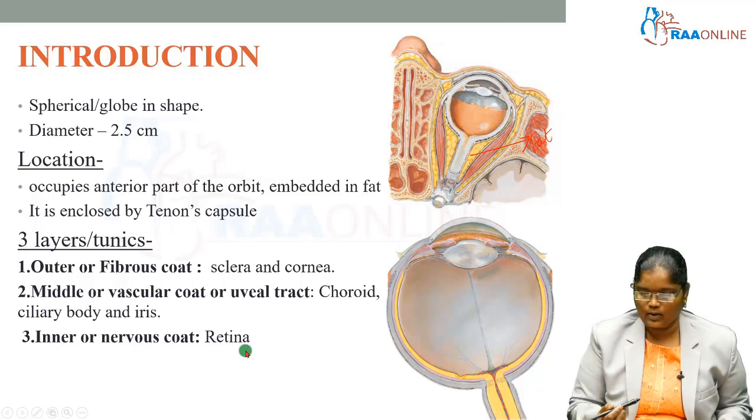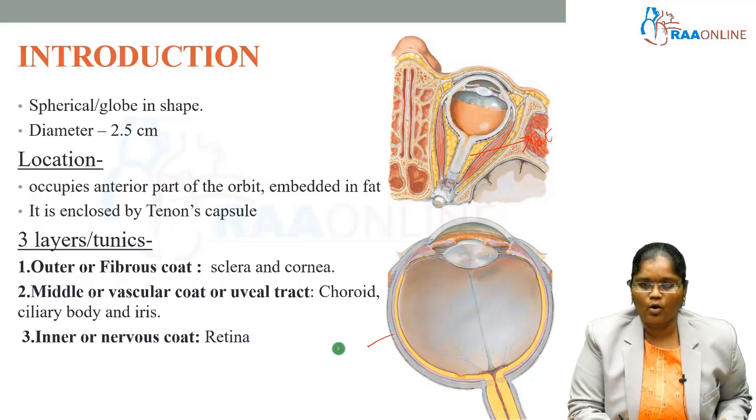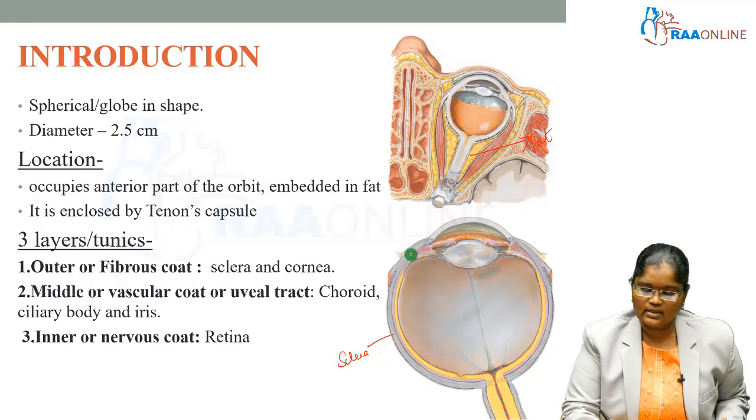Now let's see one by one. This is a transverse section. This outer coat is the sclera. The sclera continues anteriorly, and this is cornea. The second coat, which is pale red in color, is the choroid.